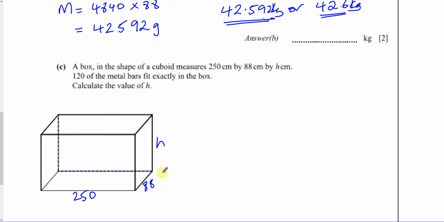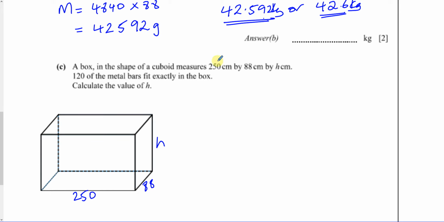Okay, so there are a couple of ways you could do this. I personally think the easiest way is this: because they fit exactly into the box, there will be no space left behind. So the volume of the box divided by the volume of one of those bars will tell you how many bars fit in the box.